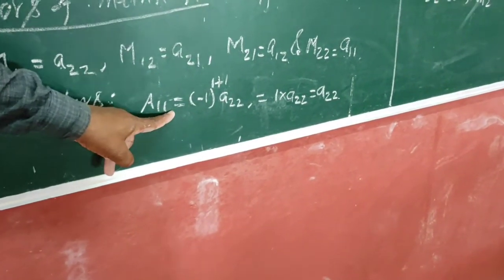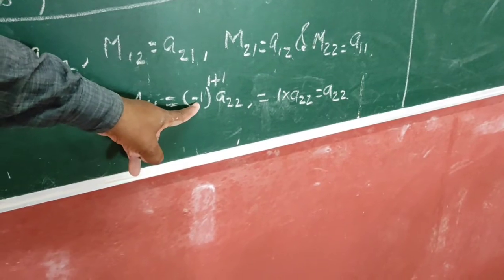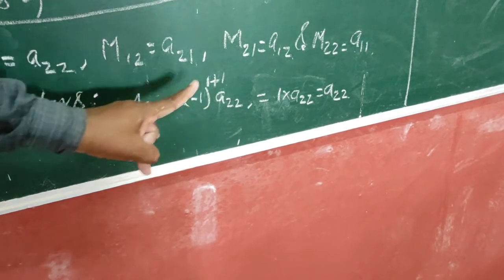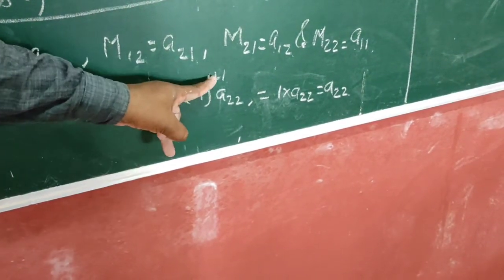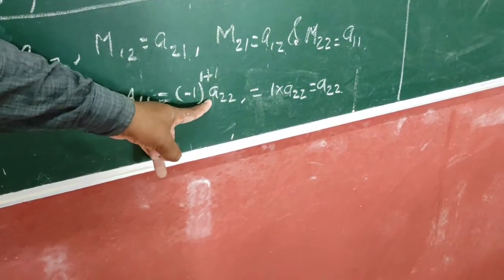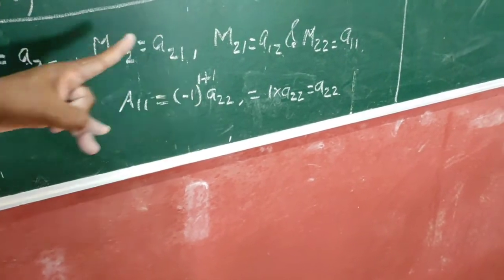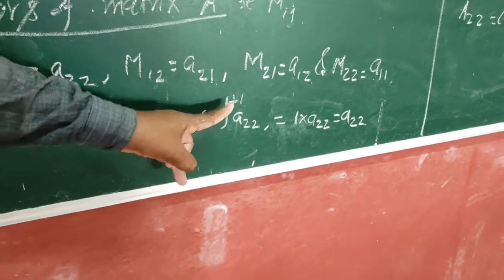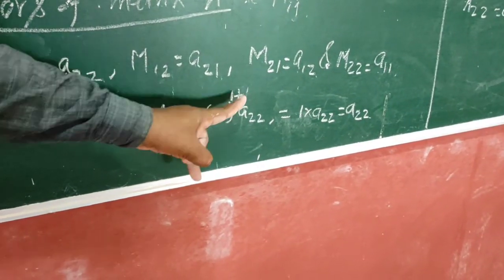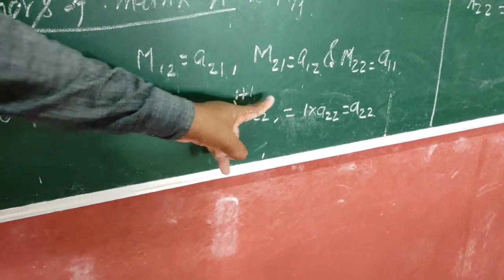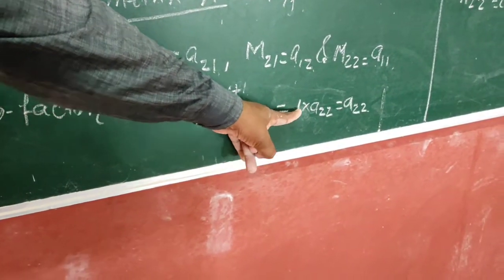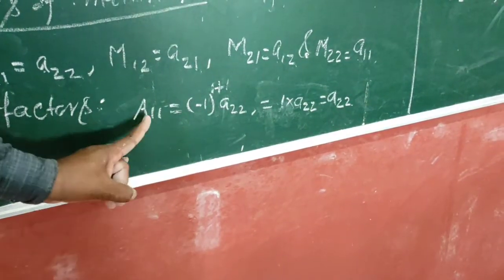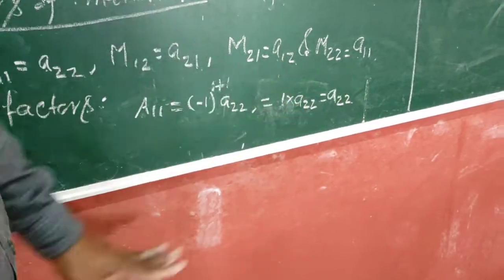Therefore A11 is equal to minus 1 raised to the power 1 plus 1, first row, first column, into the minor of this first element, that is A22. Minus 1 raised to the power 2, minus 1 square is 1, and therefore I have directly written here 1 into A22 is equal to A22. So this is the cofactor of the first element.